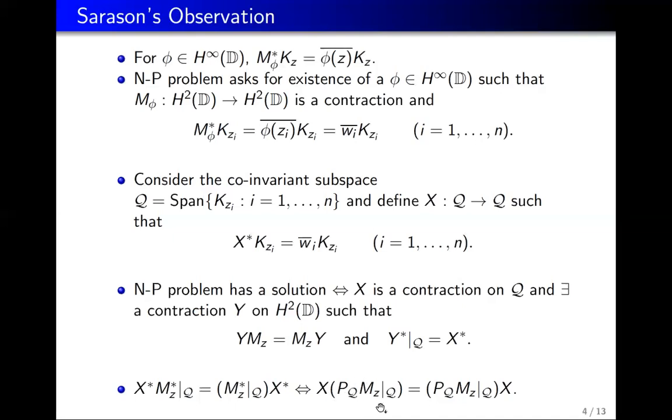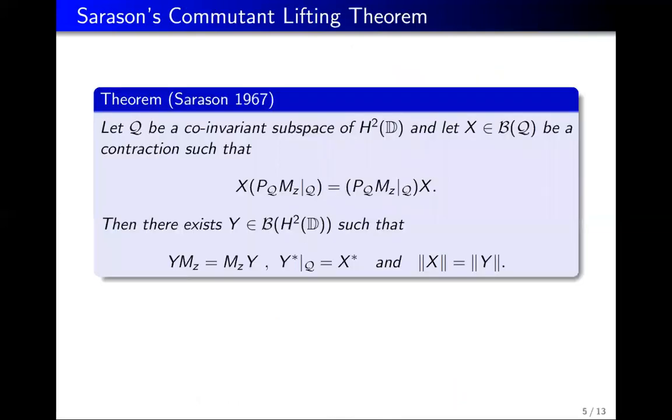And Sarason proved that you take a co-invariant subspace and a bounded operator on it which is a contraction and commutes with this compression of MZ to Q. Then you can lift this X to get an operator Y acting on the whole Hilbert space, the Hardy space here, which commutes with MZ and is a lift of X.